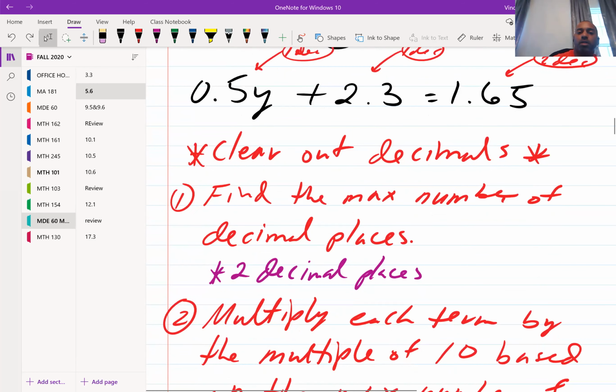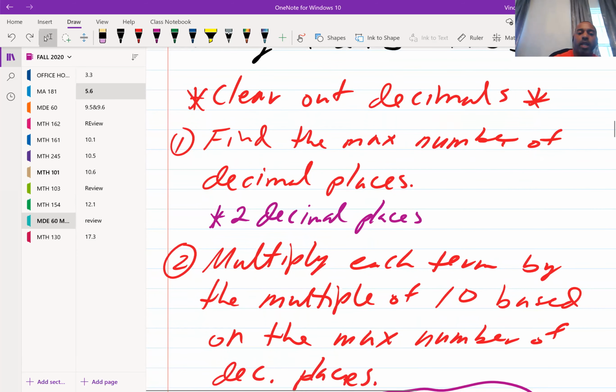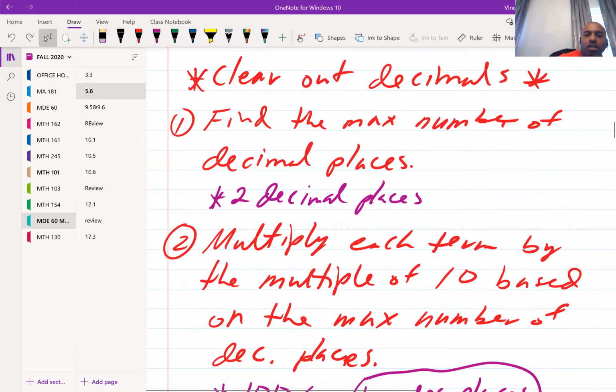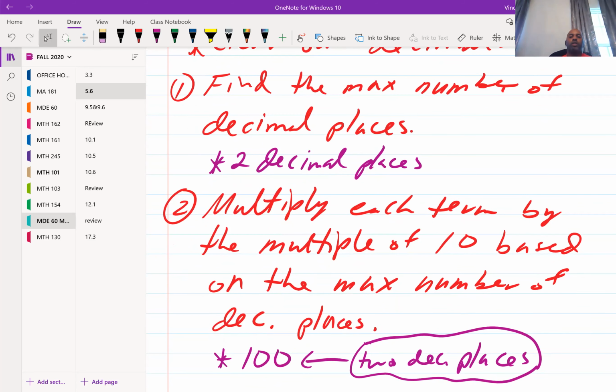All right. So then step 2, we're going to multiply each term by a multiple of 10 based on the max number of decimal places. Since we had 2 decimal places, we would use 100, one with 2 zeros behind it.